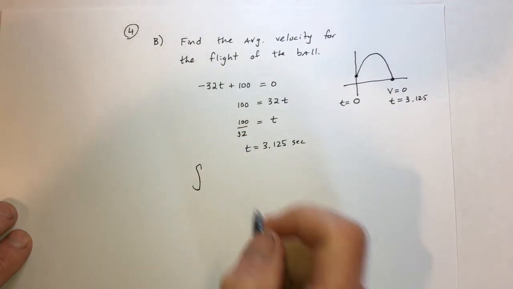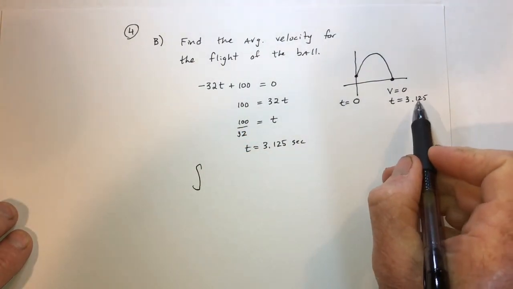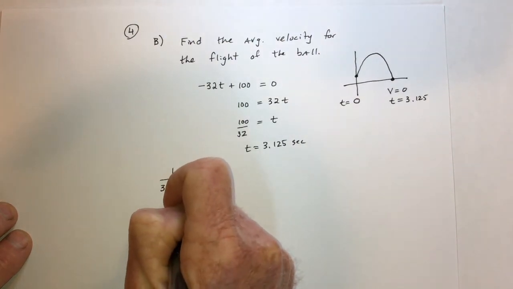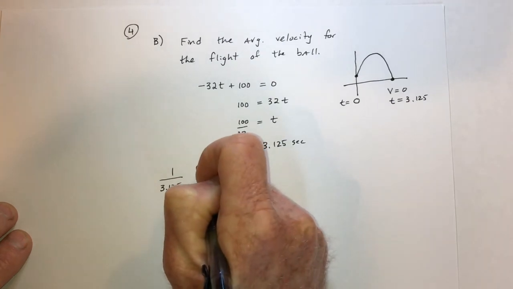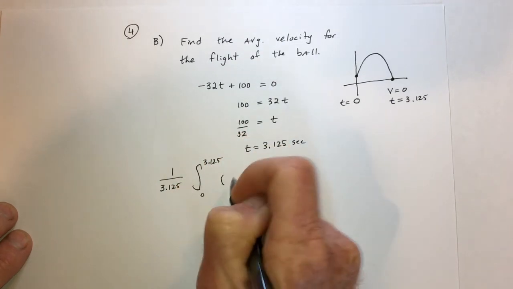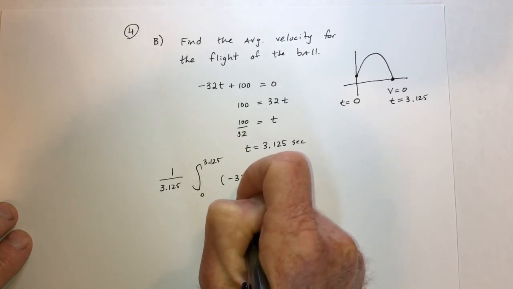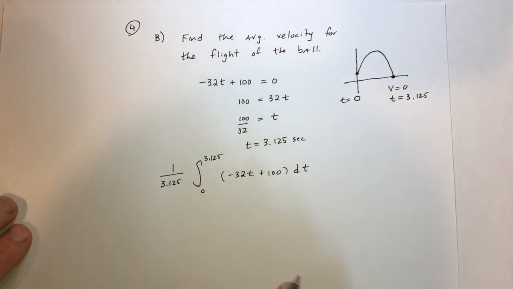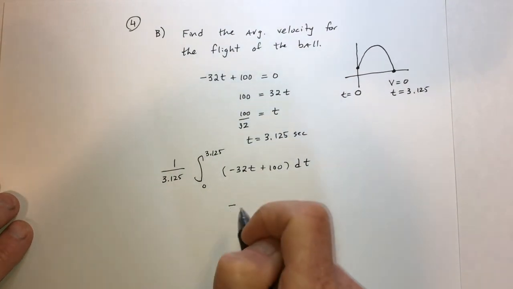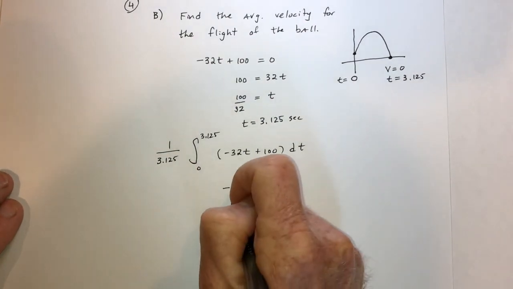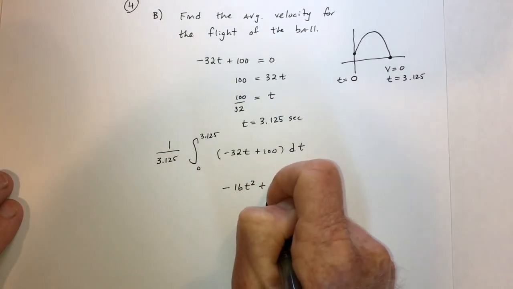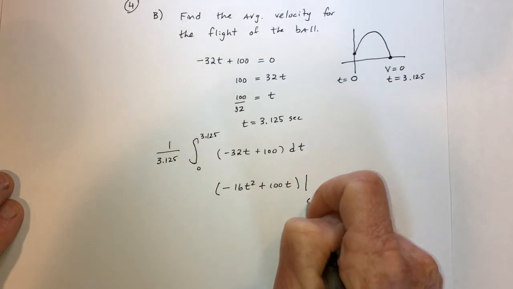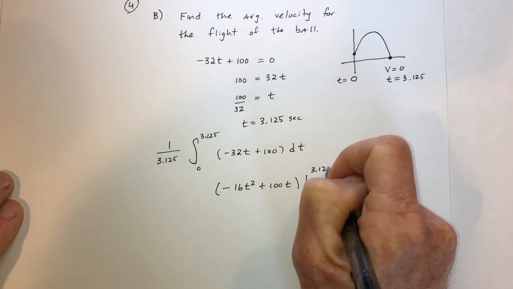So then integrate, the length of this interval would be this minus this, and then we're going to divide by that. And then integrate from 0 to 3.125 with respect to t. So again, this one is going to become negative 16t squared plus 100t. And then that gets evaluated from 0 to 3.125.